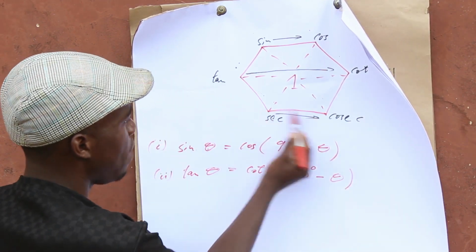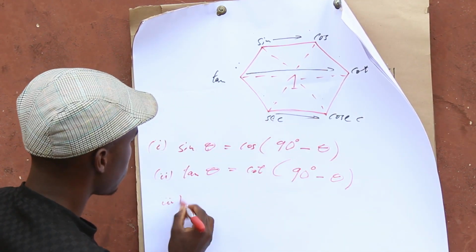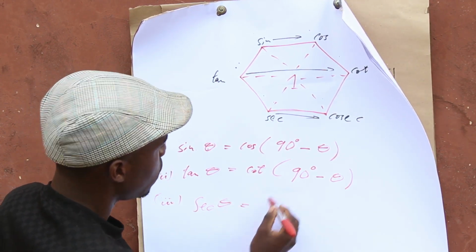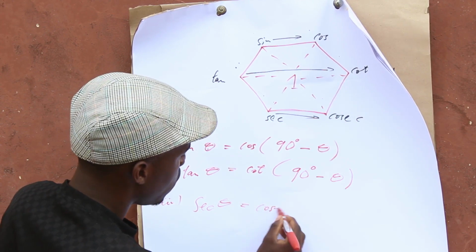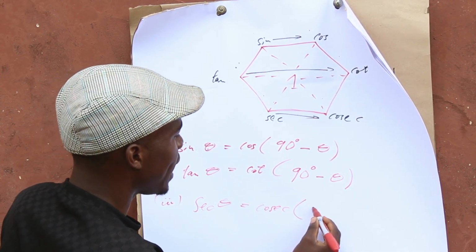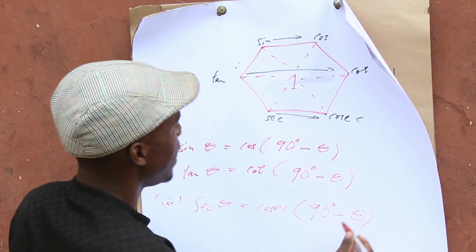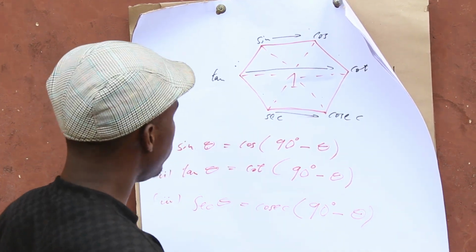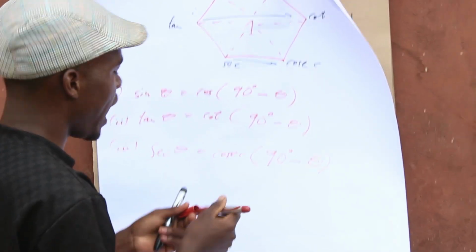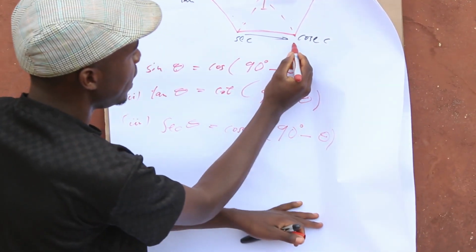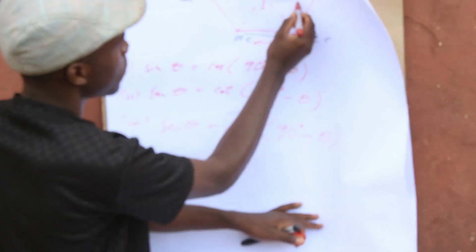You also come here and write sec theta is equal to cosec, open bracket, 90 degrees minus theta. So you can use this rule of complementary angles to derive identities. What if it was going in this direction like this?